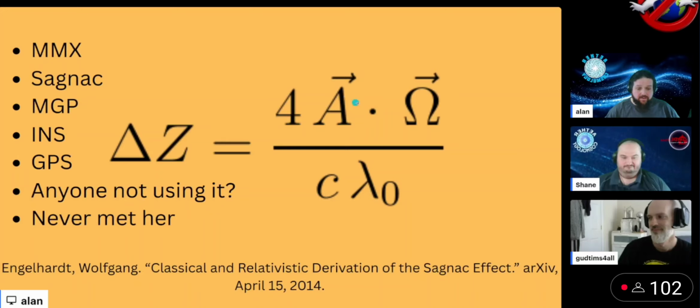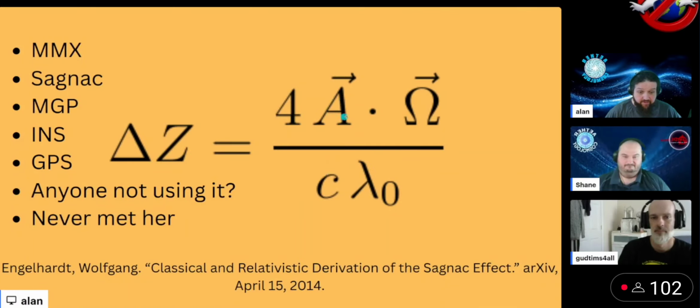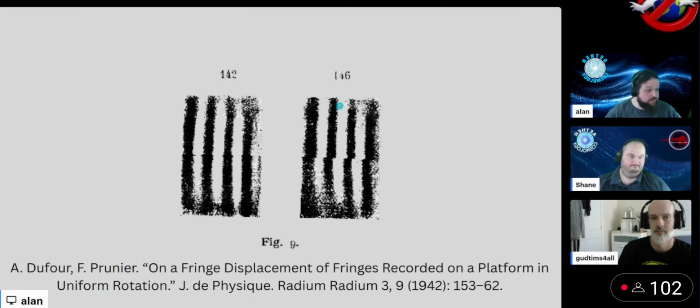But here's the thing. When you work that out algebraically, yeah, sure, that term is definitely in there. He added the term. But when you work it out, the part that describes what's measured is described by this part of the equation. The gamma term is completely neglected. You wouldn't be able to measure it.